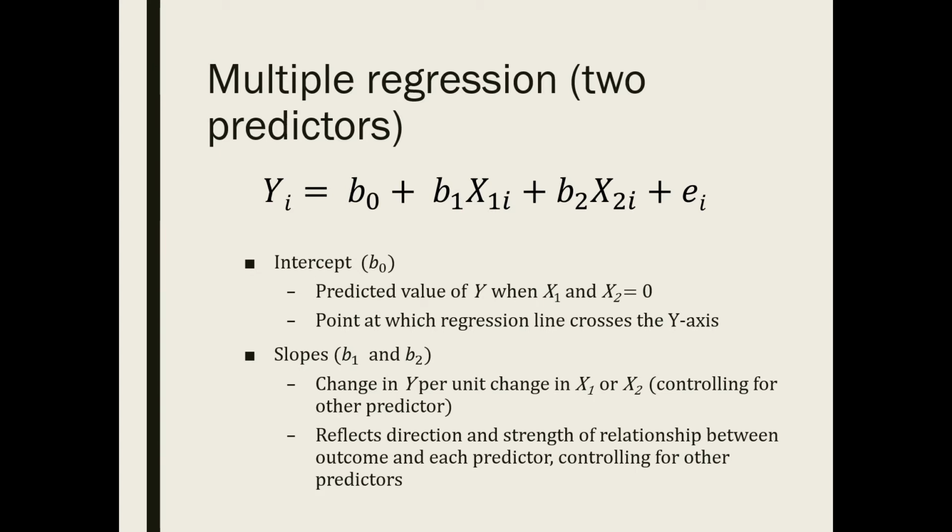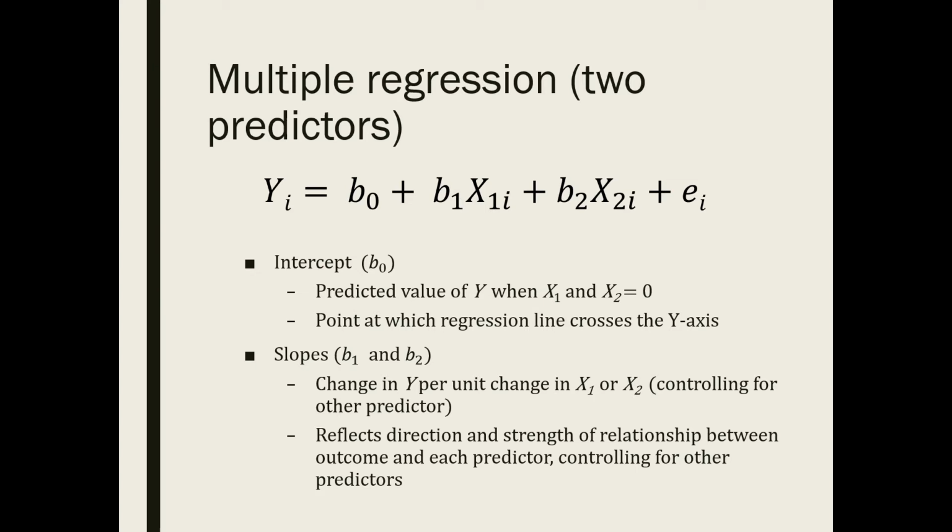the other predictor. And these slopes are probably the aspect that we care most about when it comes to multiple regressions because they specifically reflect the direction and strength of a relationship between our outcome and each predictor variable while controlling for the other predictors.